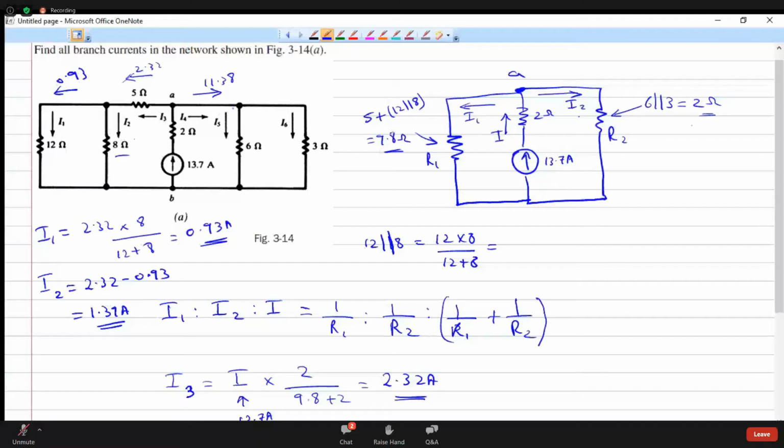This is 1.39. What about the right hand side? 11.38 is coming in, and I5 and I6 are flowing out. So we'll write I5 is equal to 11.38 into the opposite branch impedance 3 divided by 6 plus 3. Similarly, I6 can be written as 11.38 minus I5.